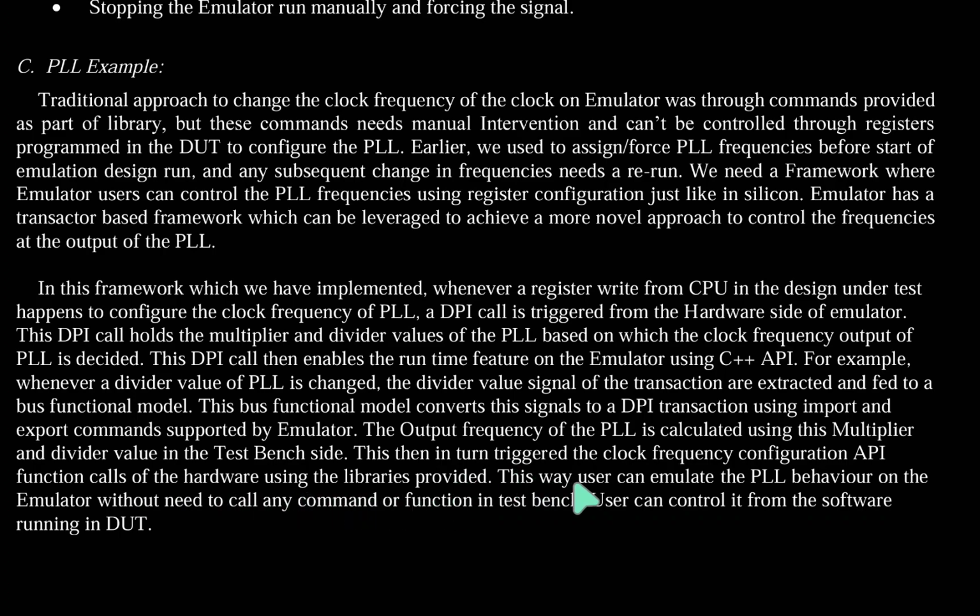This way, the user can emulate the PLL behaviors on the emulator without a need to call any command or function in the testbench. The user can control it from the software running on the DUT.